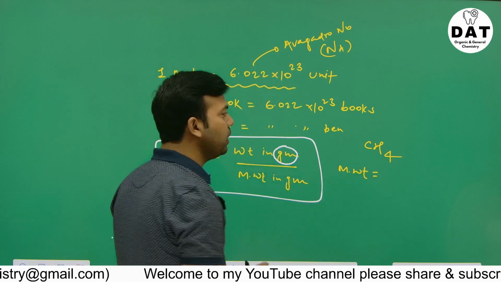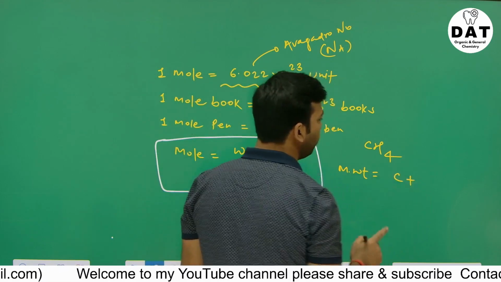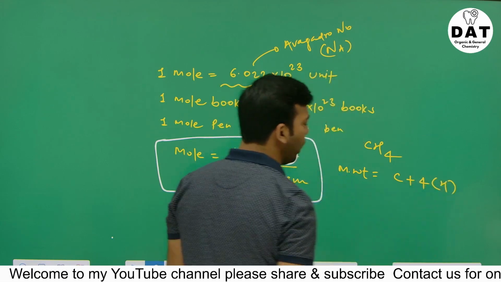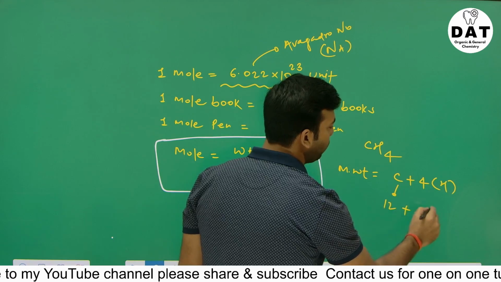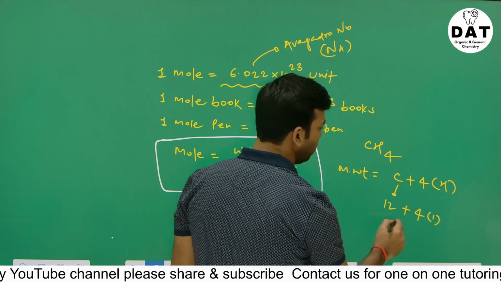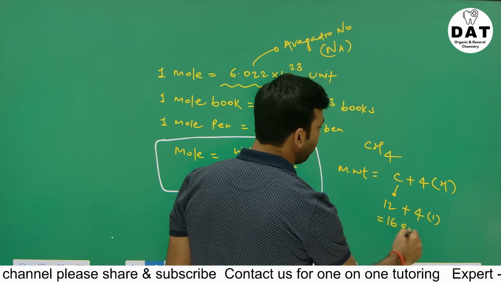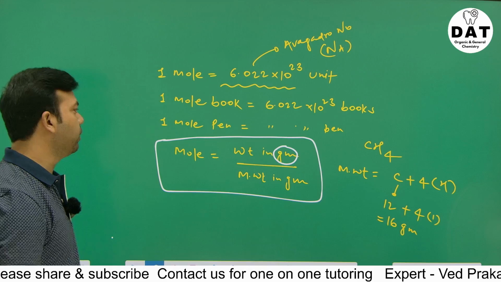We know that it is composed of 1 carbon plus 4 hydrogen. Carbon's atomic weight is 12 and each hydrogen is 1, so 4 plus 12, which is 16. So this is 16 gram, the molecular weight. Makes sense? So this is the formula for mole.